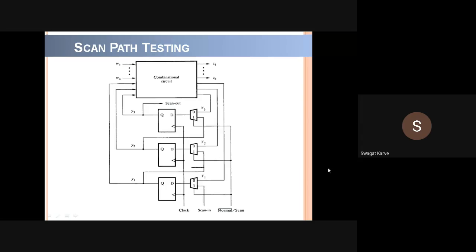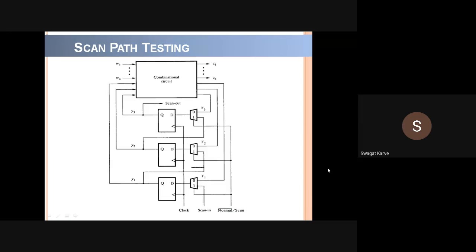In yesterday's lecture, what we covered was the path sensitizing part. Then I discussed the random test, which may be a combination of those two things, that means the stuck-at model and path sensitization. You can go for any one.